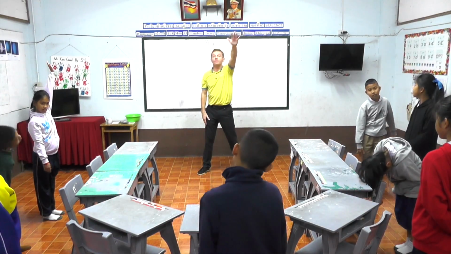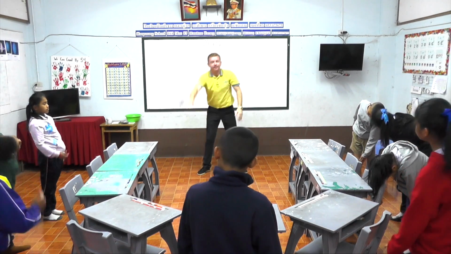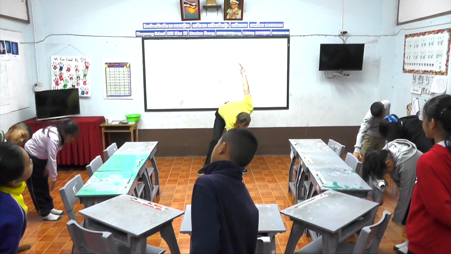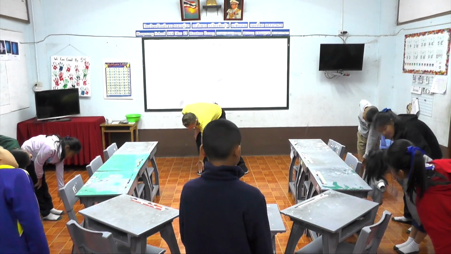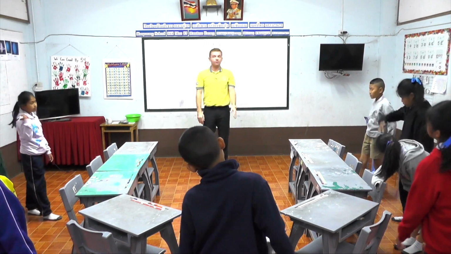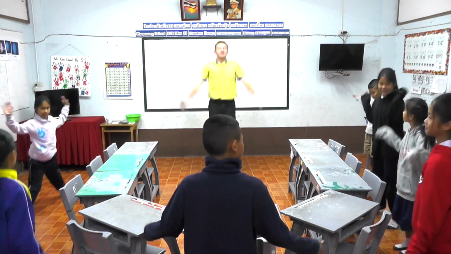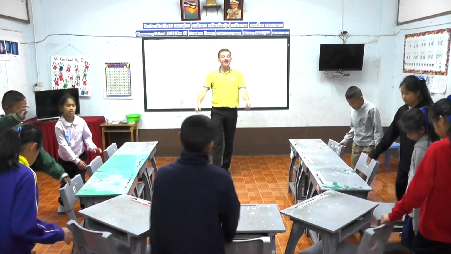Left hand, right foot. Right hand, left foot. Left hand, right foot. And to finish, guys, we will do 5 star jumps. 1, 2, 3, 4, 5. Excellent, guys. Have a seat.